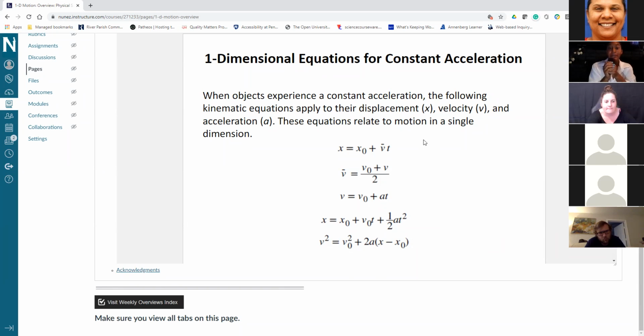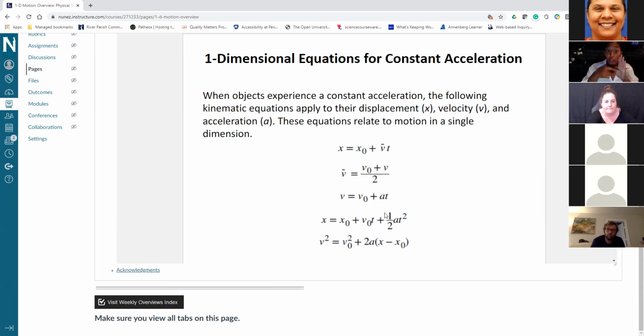And so this first equation allows us to find the object's position. Okay? And you can see that this second equation looks at the object's average velocity. This third equation allows us to find an object's velocity. Okay? This fourth equation also allows us to find the object's position. But notice the difference between this equation and this one. This equation only looks at it from the average velocity perspective.